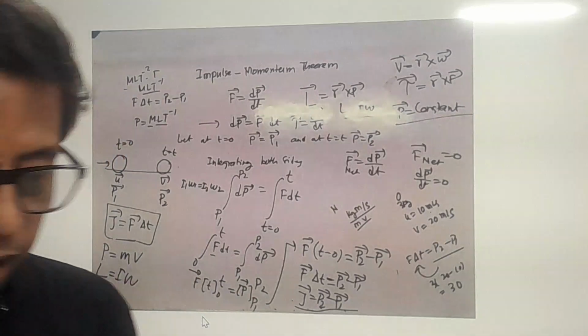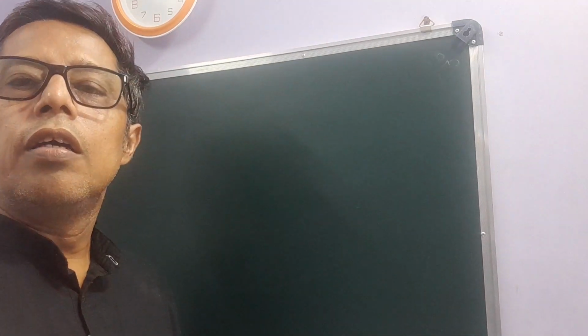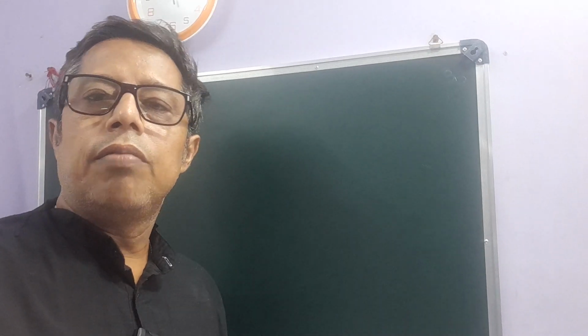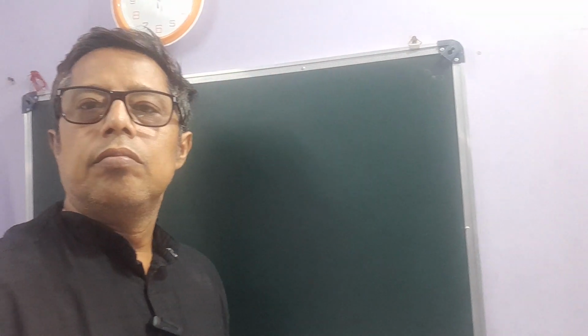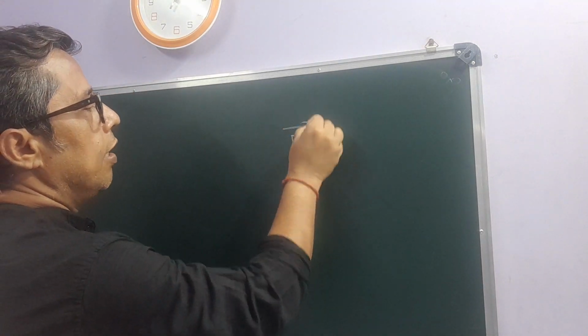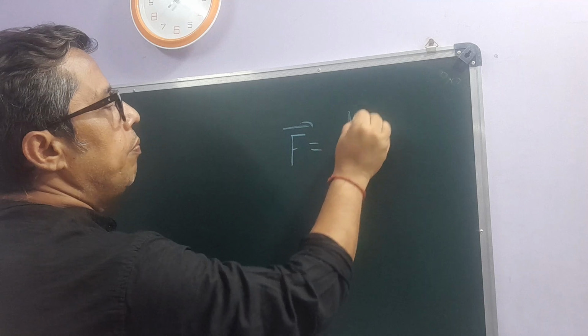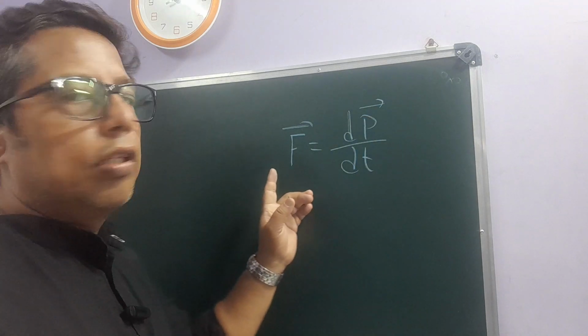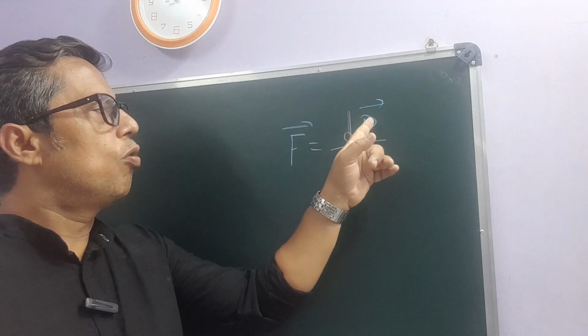Let me also explain on the board. I hope it will help you for the derivation part. As we discussed, force F is equal to dp/dt. So this is force, this is momentum.